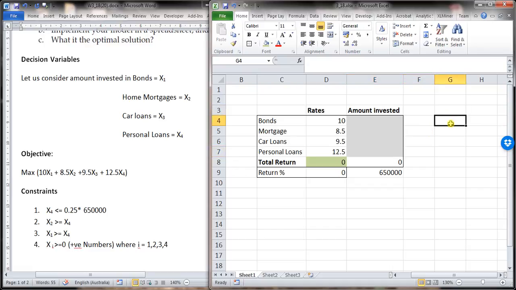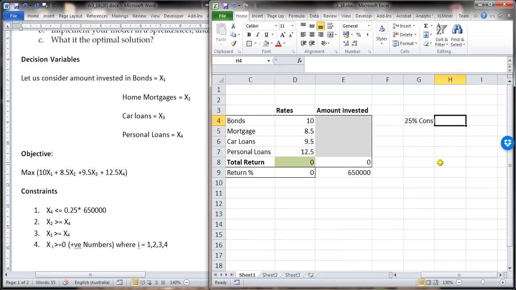You can just write here the 25% constant value, which is 0.25 multiplied with the total amount.